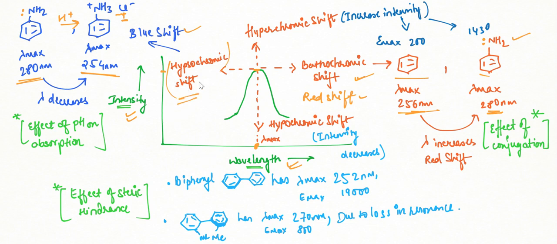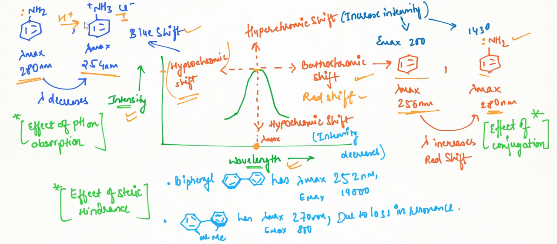All right, so if we see it on the graph, this was our lambda max for benzene, or let's say any compound. If we are increasing the conjugation, then it is going towards a red shift and the wavelength is increasing. If we are decreasing the conjugation, it is going towards blue and the wavelength is decreasing like this.